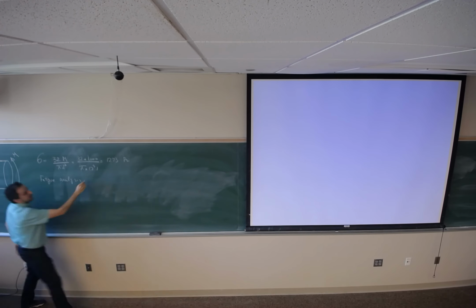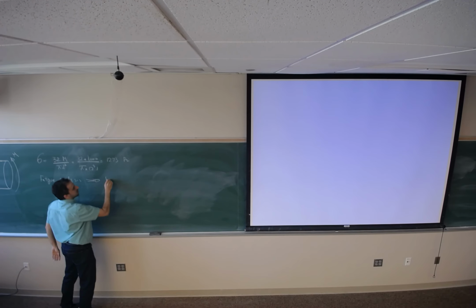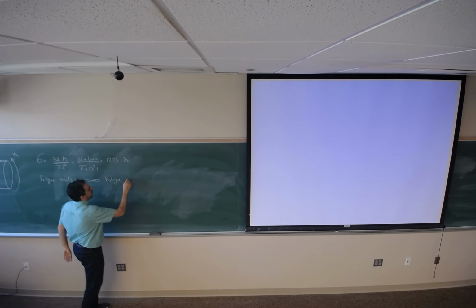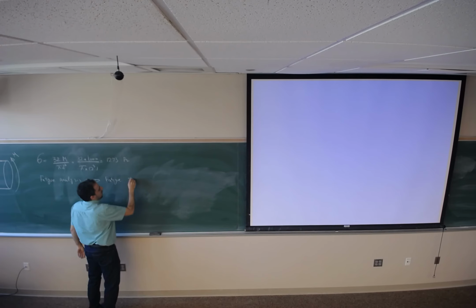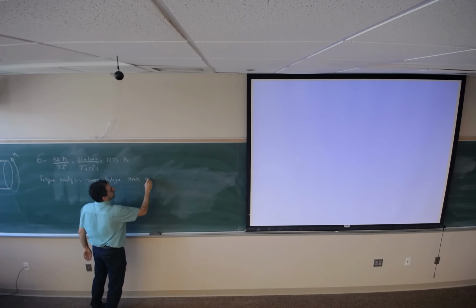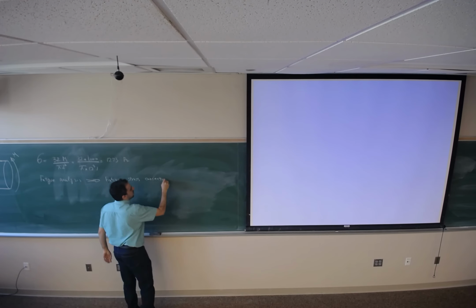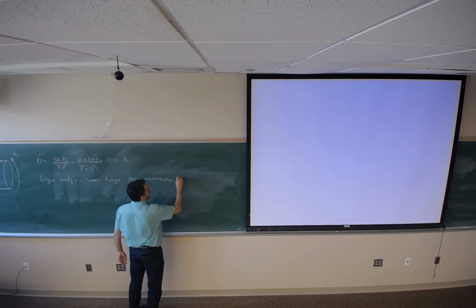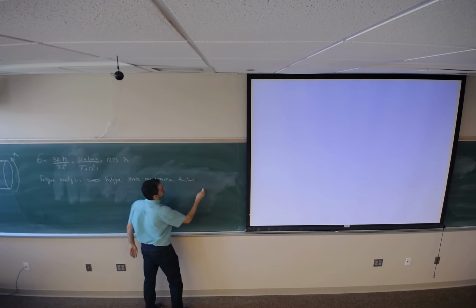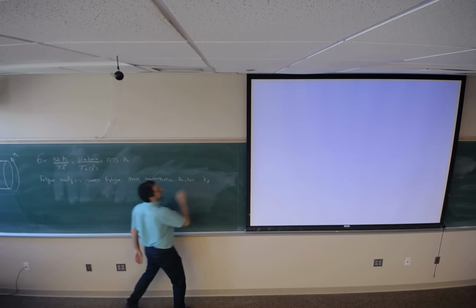Since we have this discontinuity on the cross section, we are going from 2 inch to 3 inch, the fatigue stress concentration factor is gonna show up, which we label as Kf.